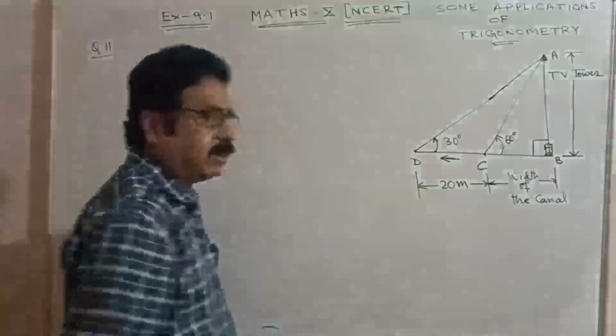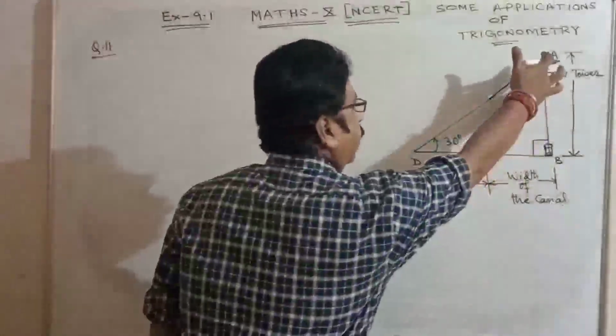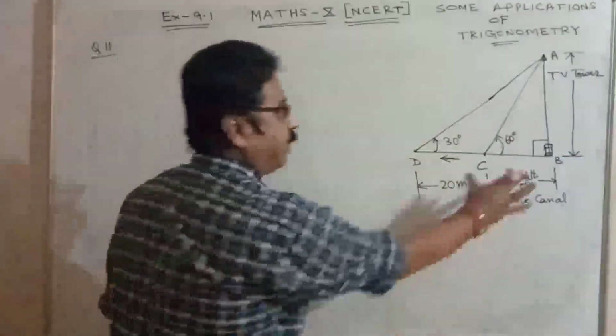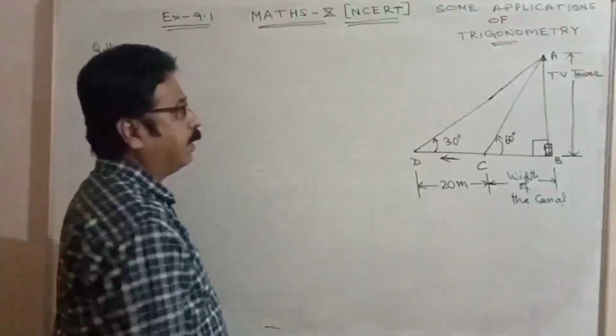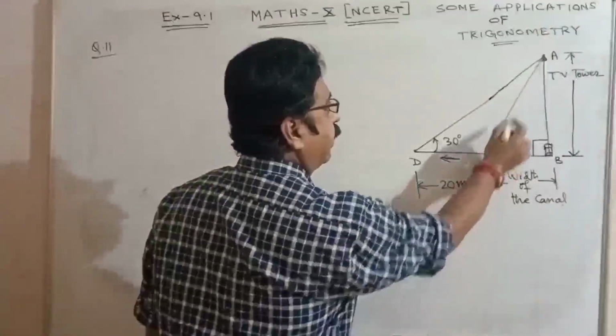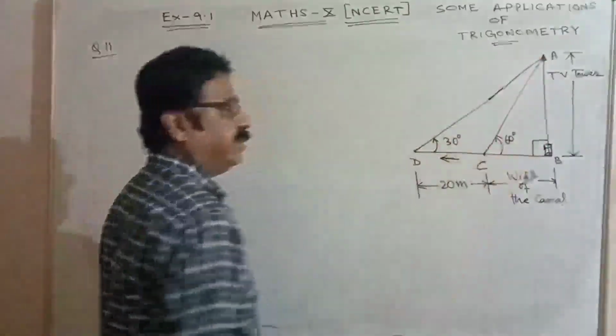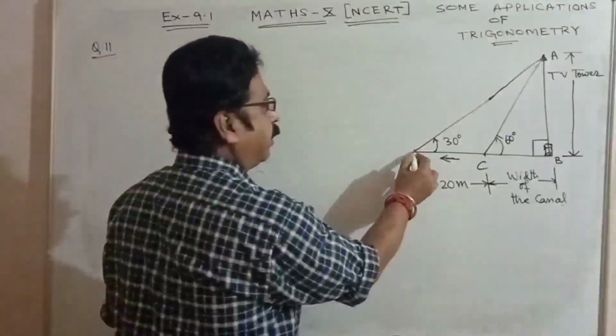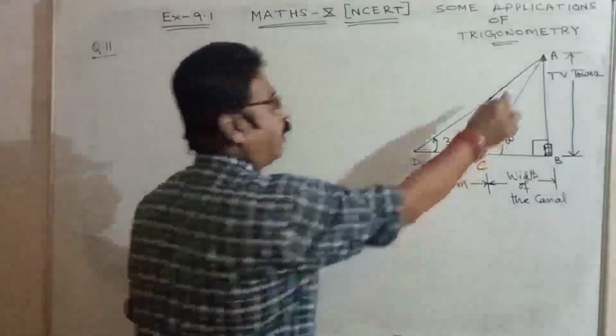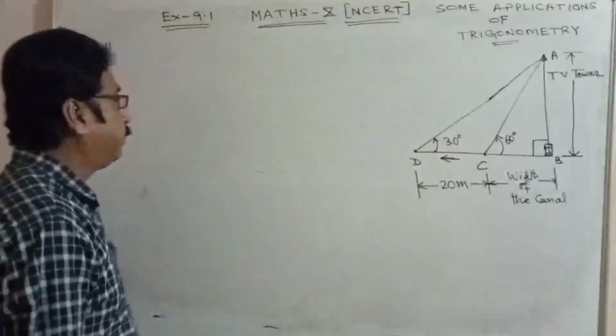You can write given things according to you. AB is the tower. BC is the width of the canal. Angle of elevation from point C of point A is 60 degree. Angle of elevation from point D of point A is 30 degree.